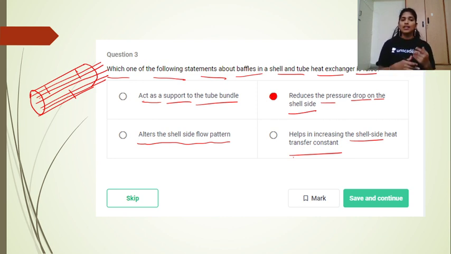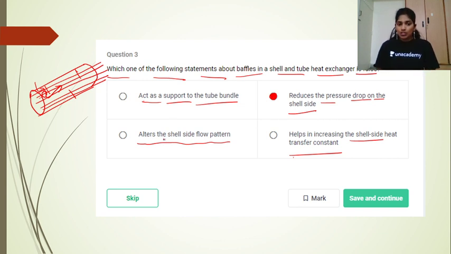So if you have a very low viscous fluid and you introduce baffles, then what happens? This shell side fluid will be coming with certain velocity, right? When it encounters the baffle, the direction of the fluid changes, or because of this obstruction, the velocity of the fluid will be increased, right?